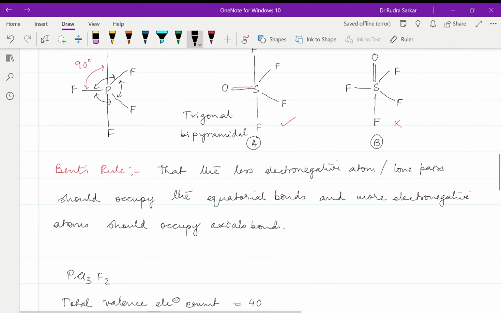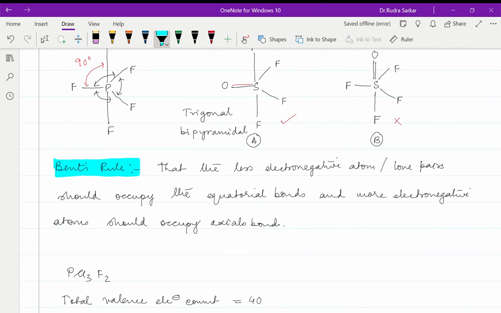So the concept of Bent's rule is mostly applicable for predicting structures which have sp3d hybridization. Okay, so I will be ending my video over here, and thanks for listening and have a great day.